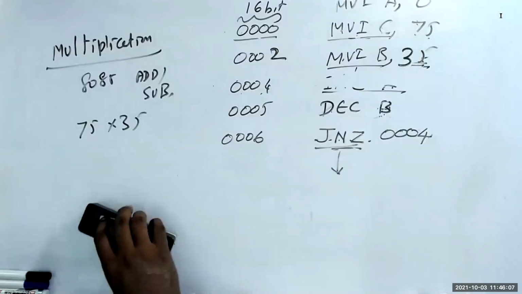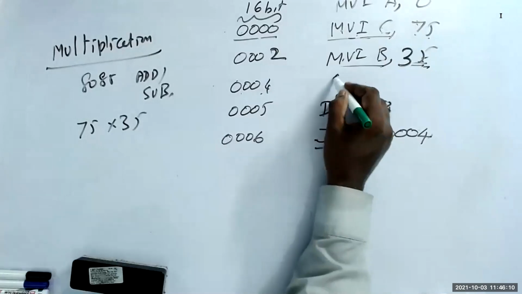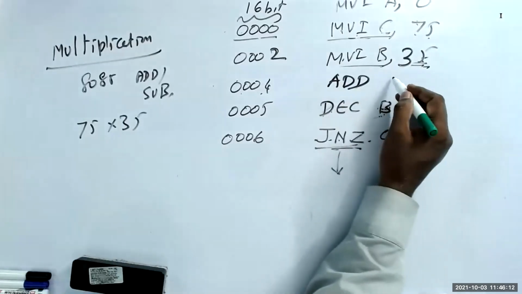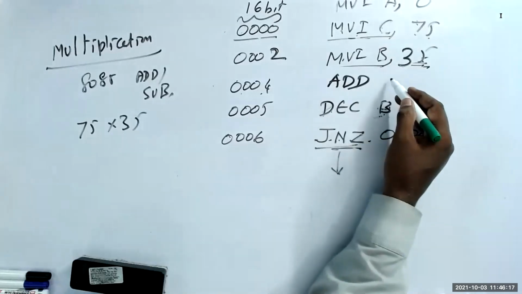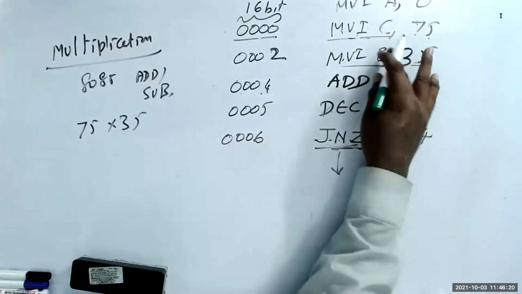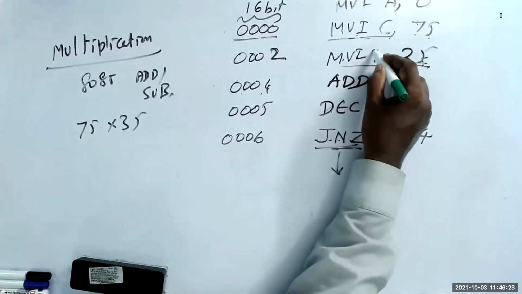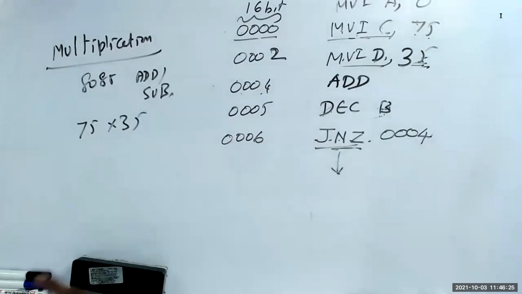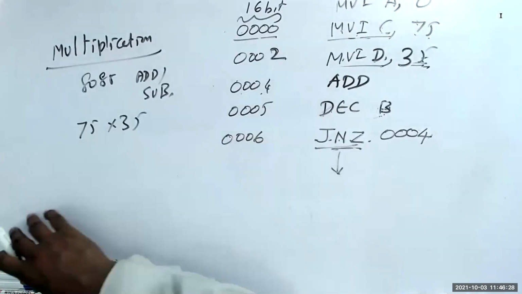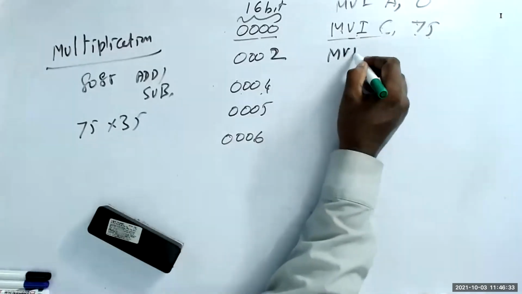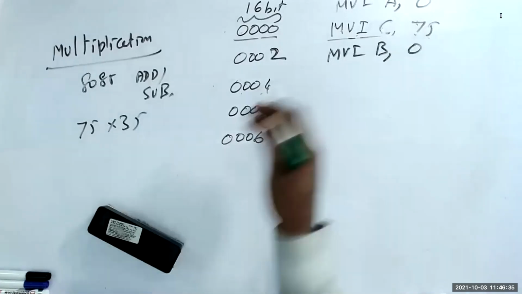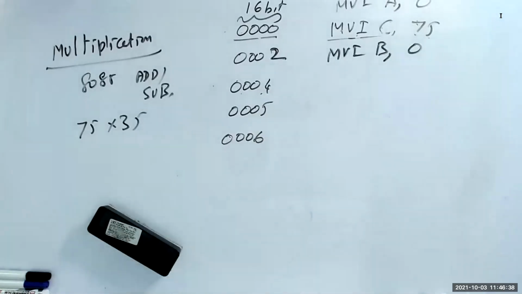Then I'll say here add what? So let me put here D. That will be E here. I'll tell you why. I'll also initialize with move B, 0.